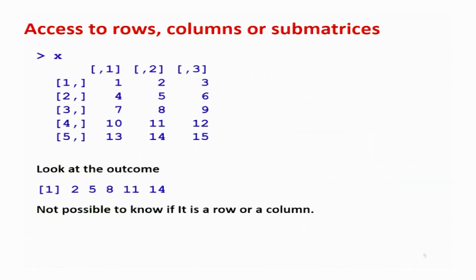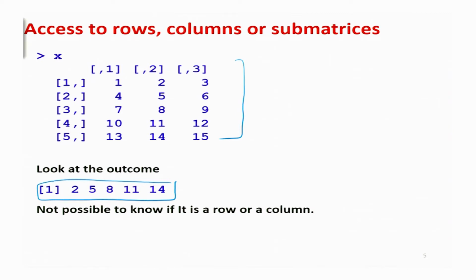That is the question I am trying to answer here: if you look at this matrix and only at this outcome, can you really tell whether this is a row or a column? No, you cannot tell. The reason I am informing you is that in some software, when you write down a particular row or column, they also give you that information.